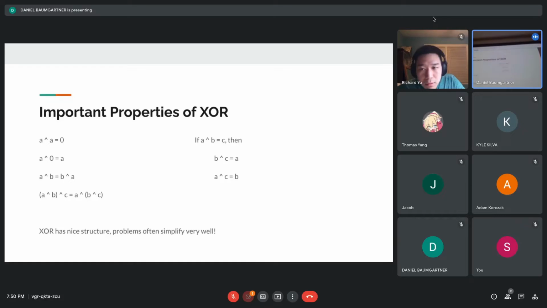And finally, on the side, if A XOR B is C, then XORing more of the sides gives you A and B in those cases. But again, you can just get that from the original identities, more specifically commutativity, associativity, and the first one. So let's see problems that make this more concrete.